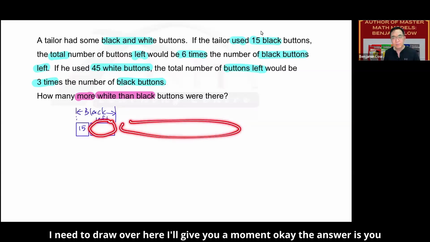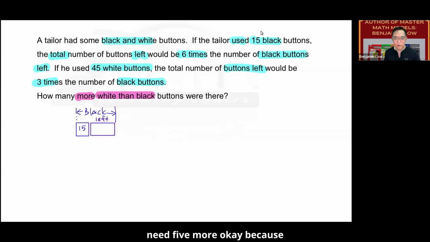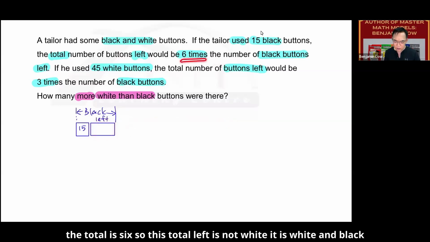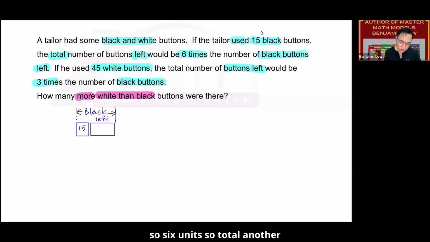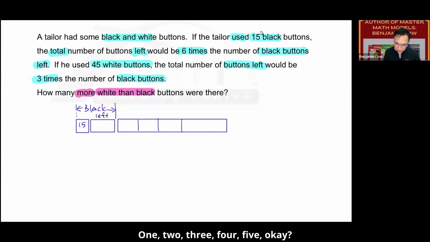I'll give you a moment. Okay, the answer is you need 5 more, okay, because the total is 6. So this total left is not white, it is white and black. So 6 units. So total, another 5. 1, 2, 3, 4, 5.